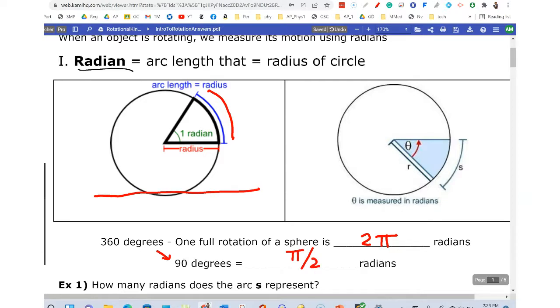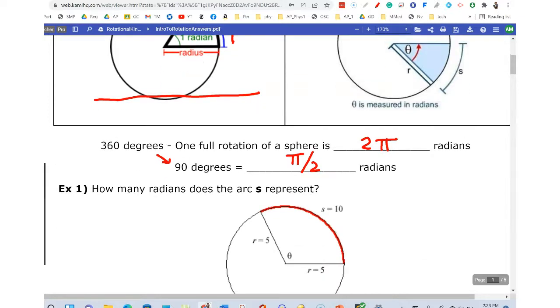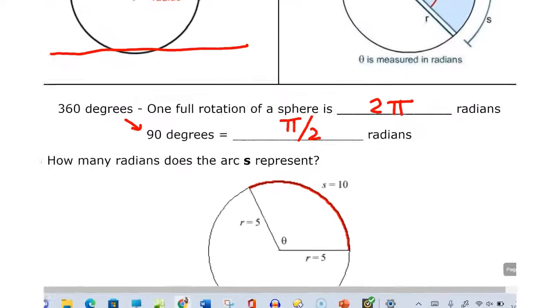So pi radians is 180 degrees, because 2 pi radians is 360. You'll find it becomes apparent why we don't use degrees with rotation, but we measure rotation in terms of radians, or really in terms of the radius of the circle.